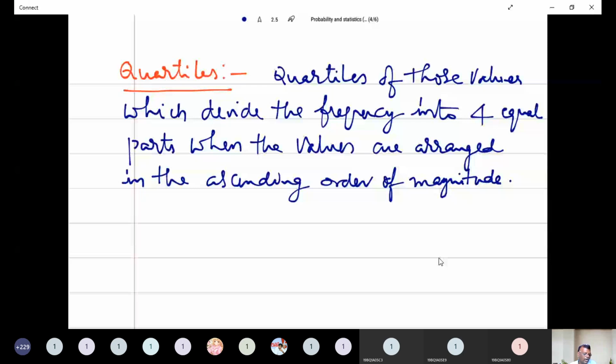Now we are defining the lower quartile. This is Q1.